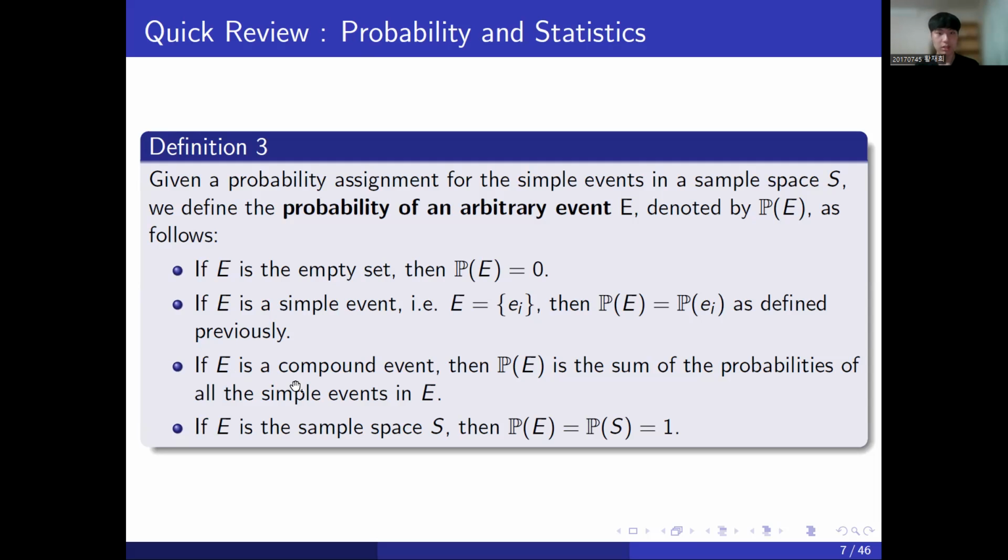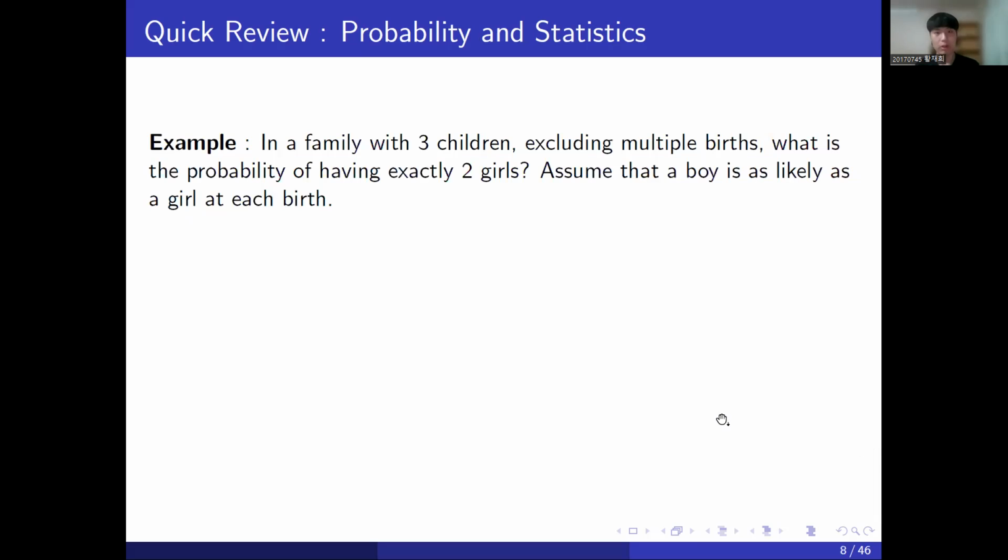If E is a compound event, the probability of E is the sum of the probabilities of all the simple events in E. And if E is the sample space S, then this is equal to 1. This is easy, and I will suggest a very easy example.